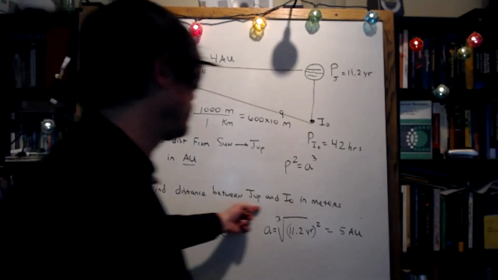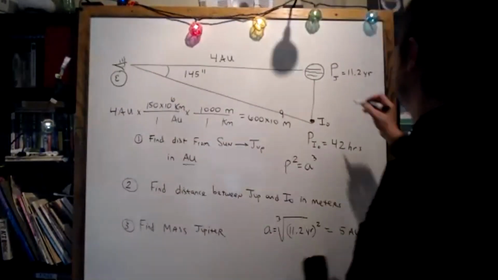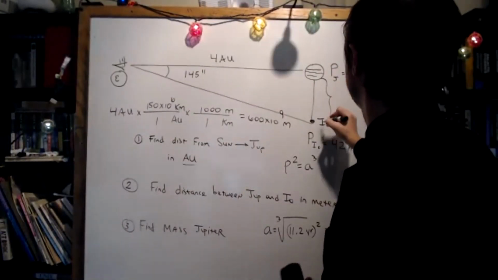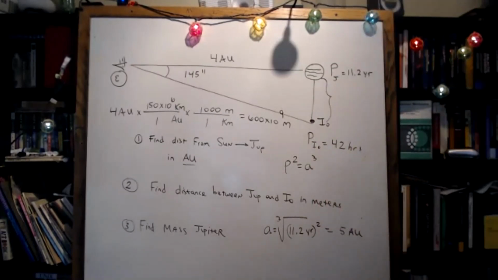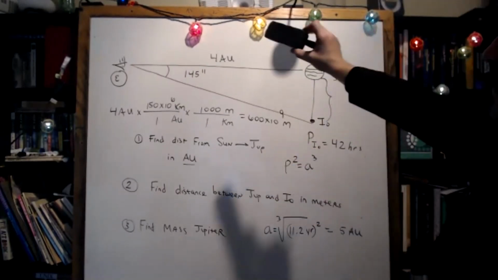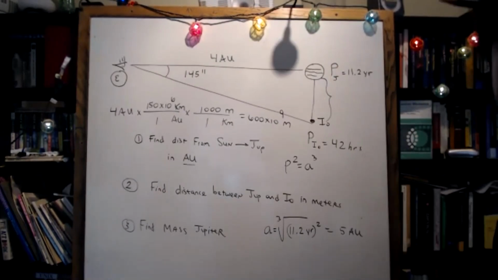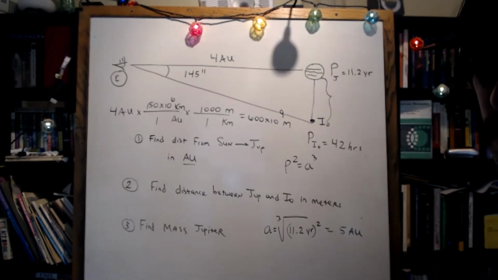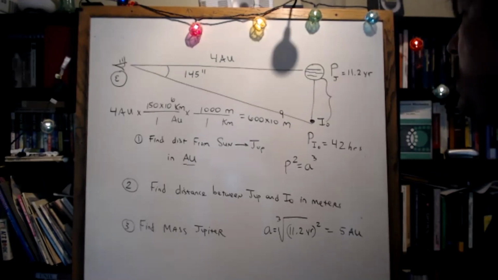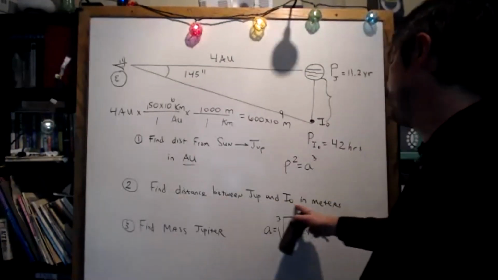Okay, Christopher, how do I find this distance here between the planet and the moon if I know the distance from Earth and the angular separation? Could you rephrase that? Find the distance between Jupiter and Io.